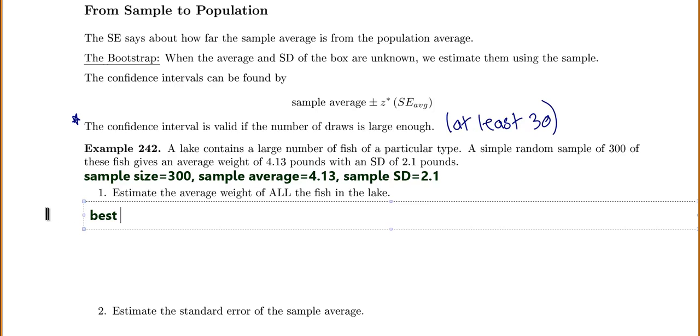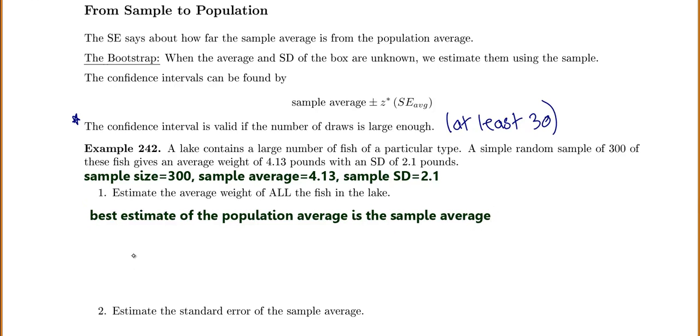So our best estimate of the population average is the sample average. So our estimate is 4.13 pounds. Since that was my sample average, the best estimate of your population average is your sample average.